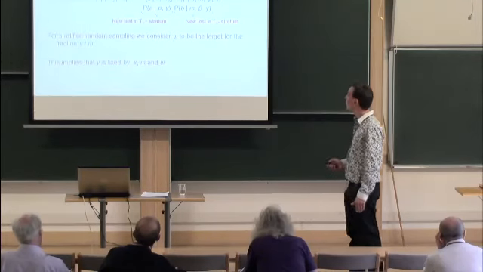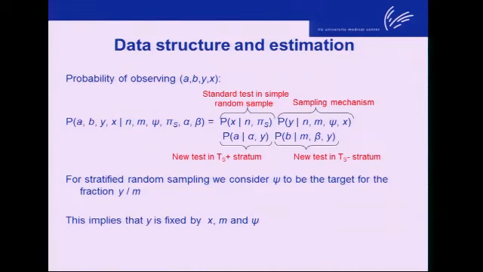So the joint probability of observing: A is the number of patients that were positive on both tests. B were those that were negative on the standard test but positive on the new test. y is the number of positives that you select for the second stage, and x is the total number of positives that you find. We can basically write down this probability in terms of conditional probabilities.